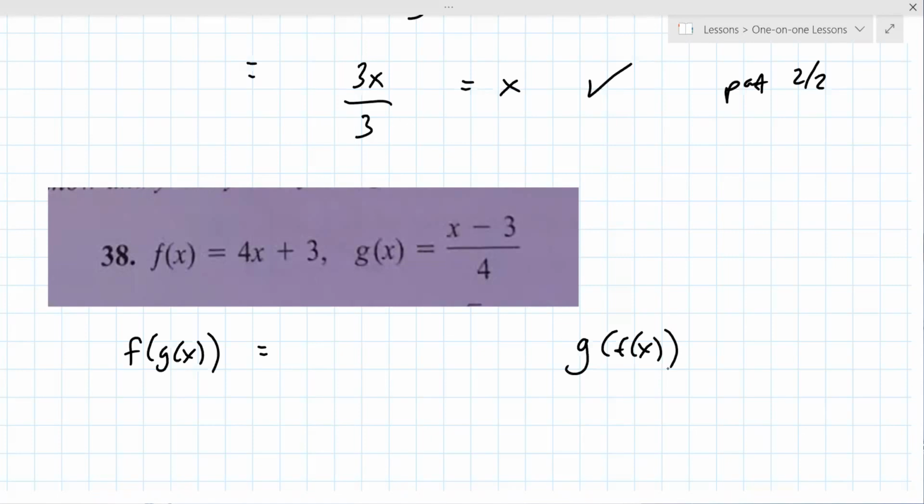I got it. Yep, that's correct. On to number 39. Same thing. Oh wait, this is just different. It's a little different, but they do work out.